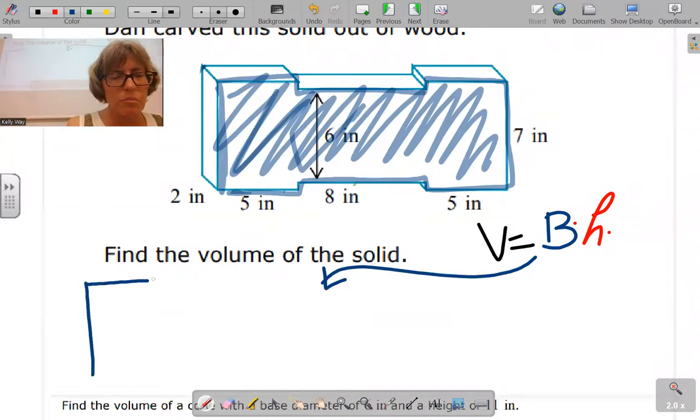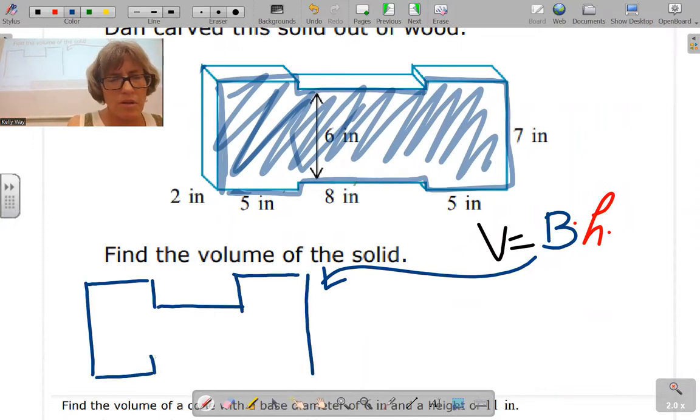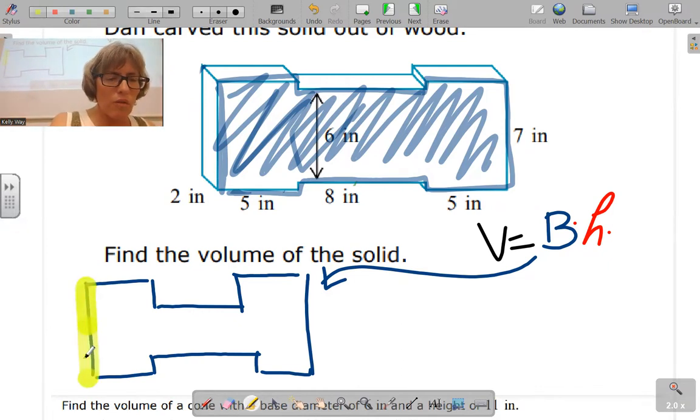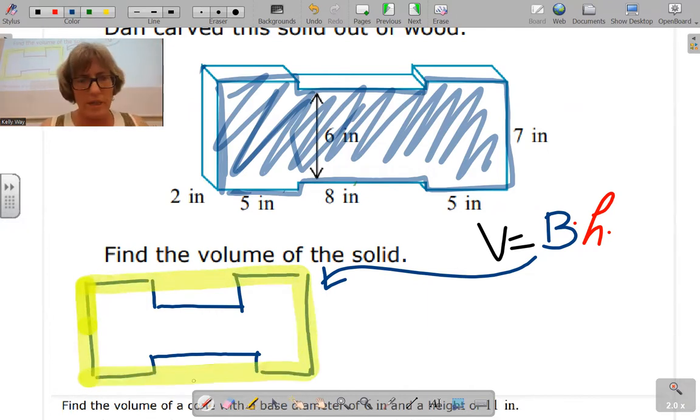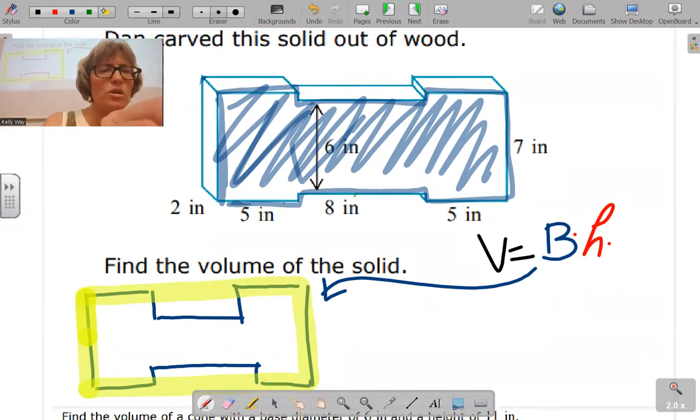So this base, I'm going to find this area using what's called negative space, because I know some students see it this way. So for this, I'm going to find the area of this outer rectangle. Just so you can see both methods.